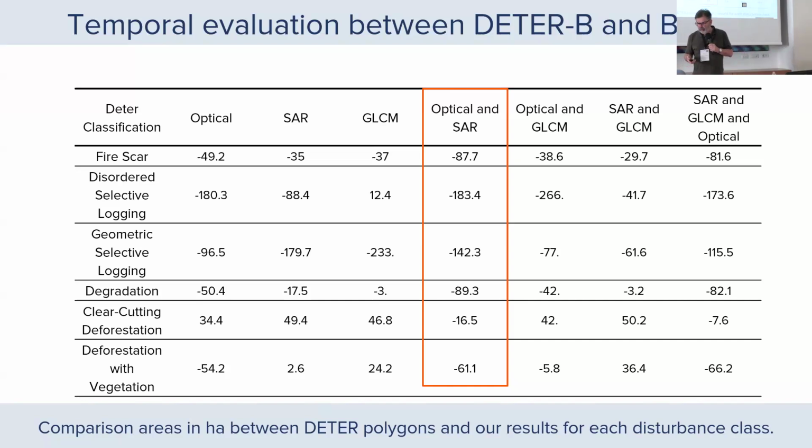The best situation here was this combination of optical and SAR. You see some negative numbers. These negative numbers mean the following. When a fire scar is detected by the optical and SAR combination, it is detected 90 days before the actual detection by the visual interpreter.